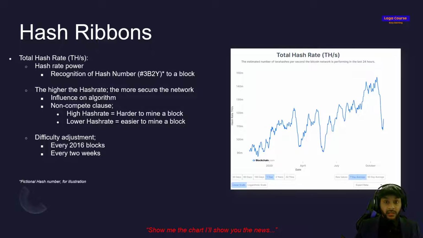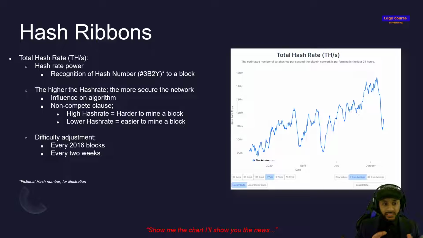When they had a lot of silver, they dumped the market, and the family company went bankrupt. So what Satoshi Nakamoto did with Bitcoin is that if the number of miners is increasing, it becomes harder to get Bitcoin, and if the hash rate is going lower, it becomes easier to mine Bitcoins.